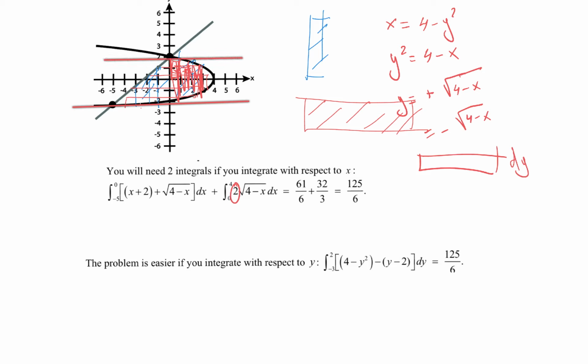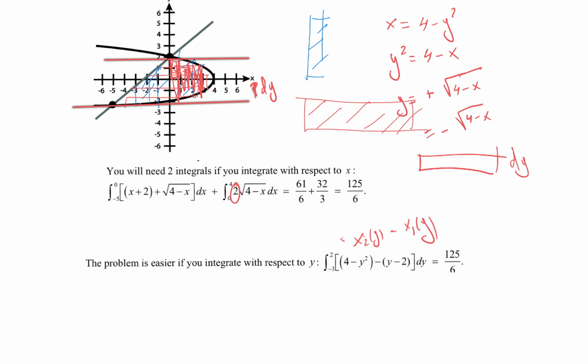So d dy is going up, d dy of the function that is to the right. The function that is to the right is the parabola, x2 of y minus x1 of y.